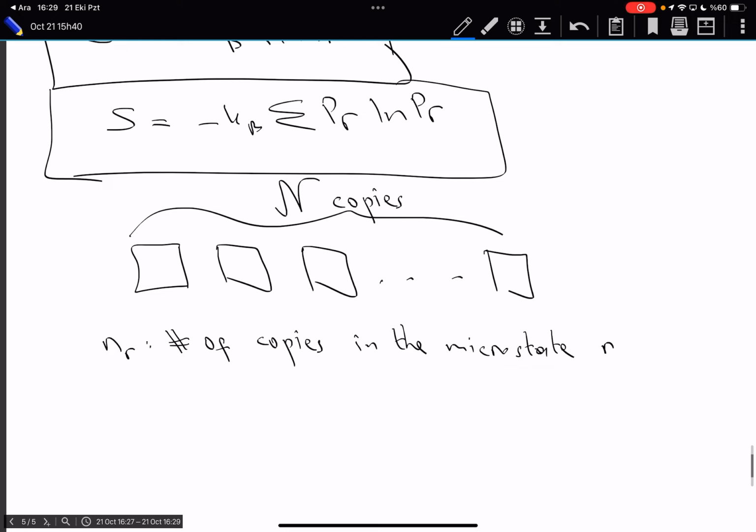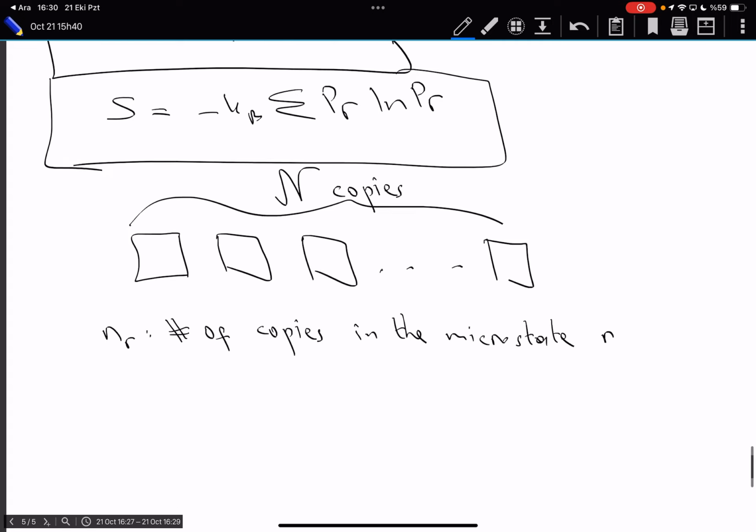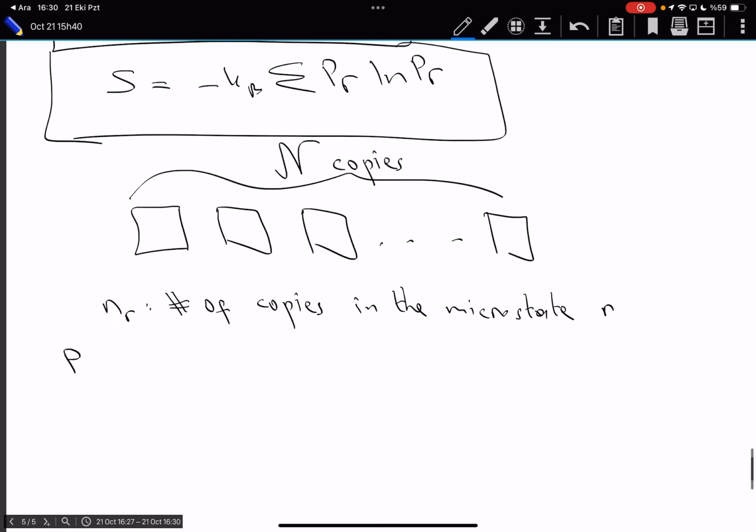I can ask the question, what is the probability that that copy will be in the microstate R? This will be N_R over N.